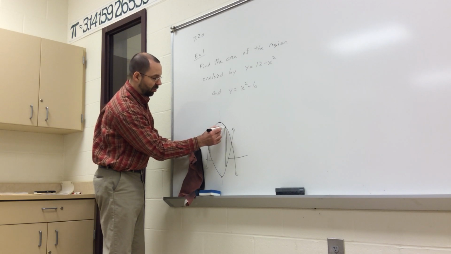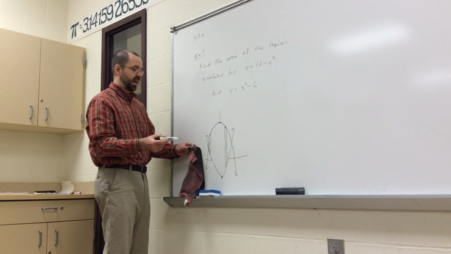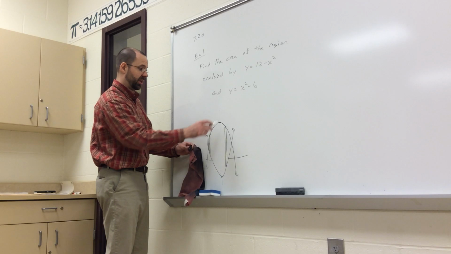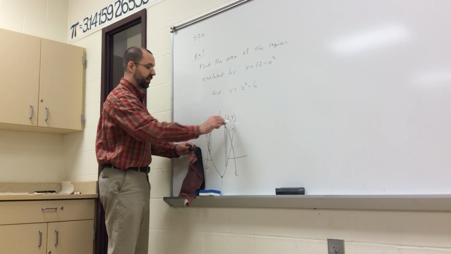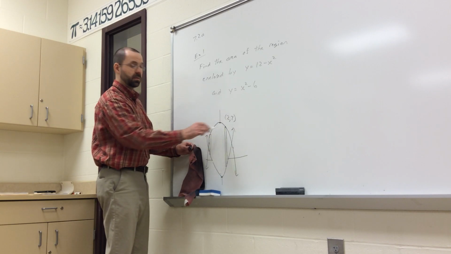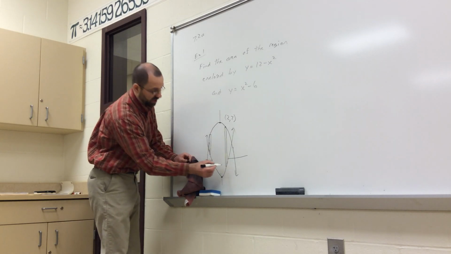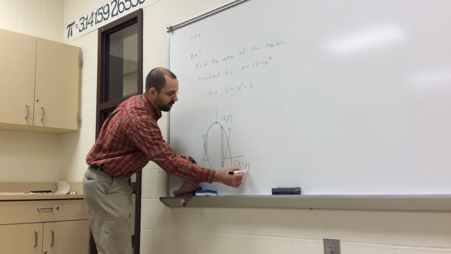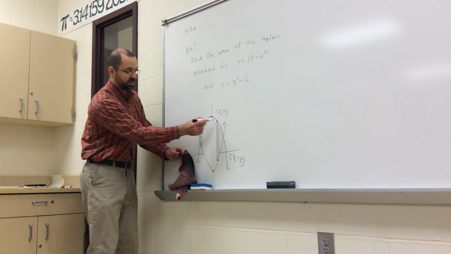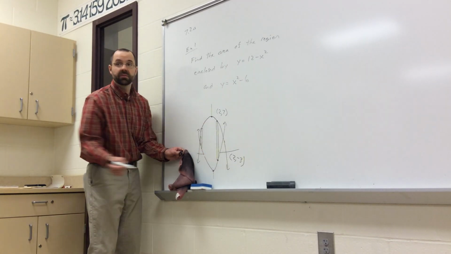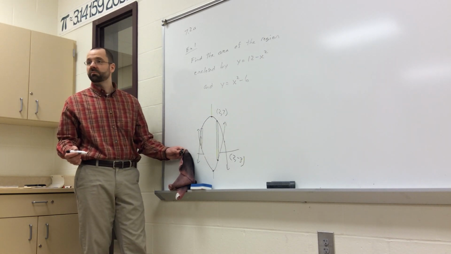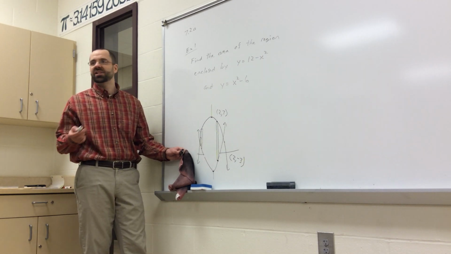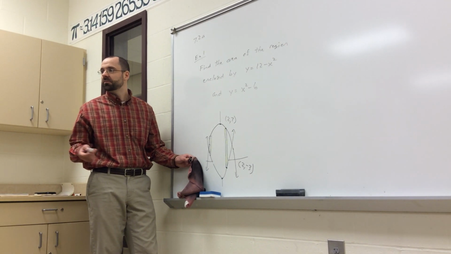So I'm going to make up a point here. This is totally inaccurate, but let's pretend that that point is 2, 7. And then let's pretend that this point is 2, negative 3. So this is 2, 7, that's 2, negative 3. Totally making up those points. Those points aren't actually on the curve, I don't think.